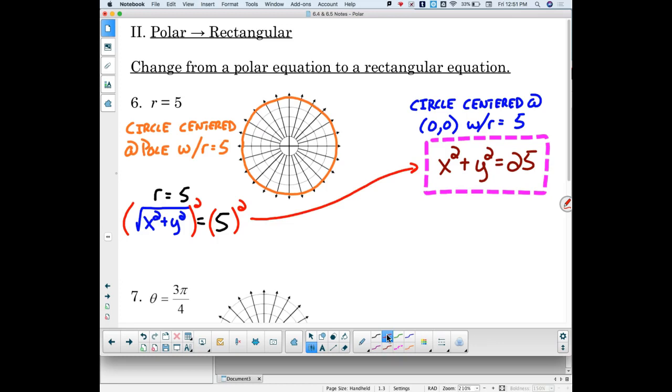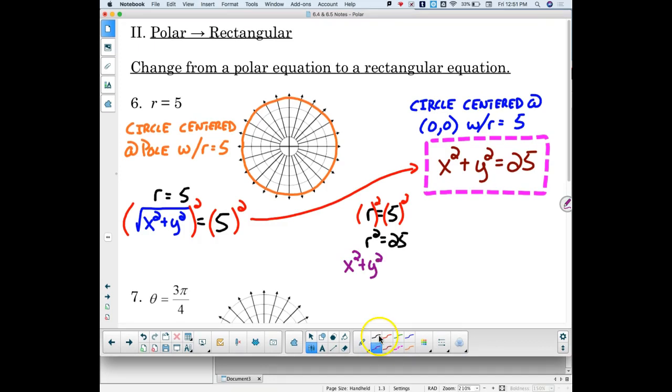Okay. What if we didn't like that way? What if I said r is equal to 5, right? Can I square both sides right away? Yes? Then I get r squared equals 25. What's r squared? X squared plus y squared. Just learn that one. Okay? Boom. Awesome sauce. Okay?